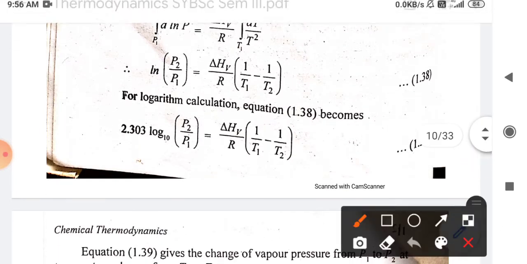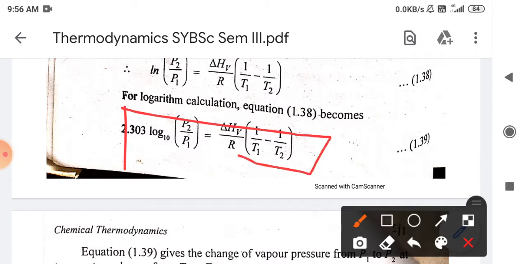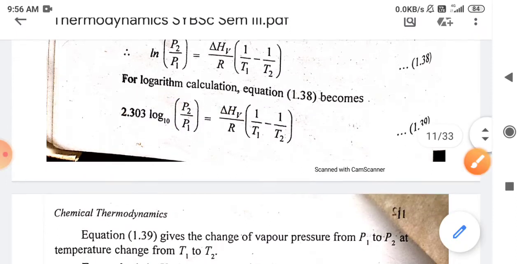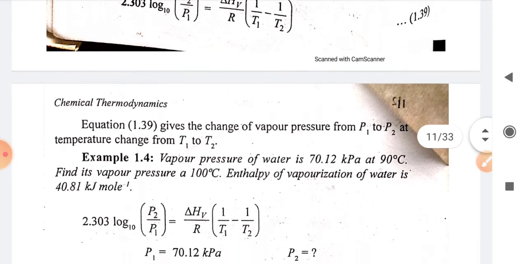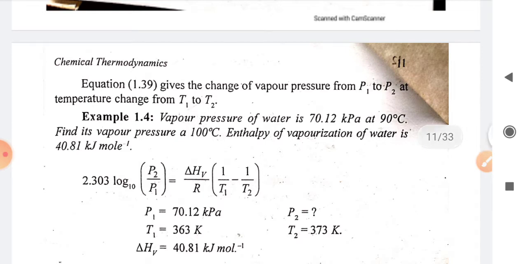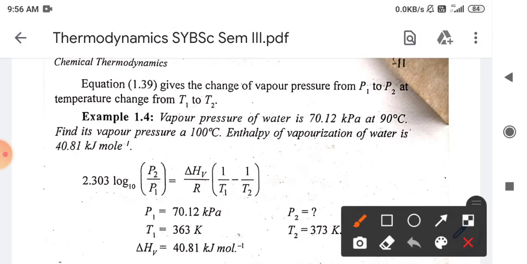So this is again an important expression for the Clapeyron Clausius equation: 2.303 log to the base 10 of P2 by P1 is equal to ΔHv upon R into (1 upon T1 minus 1 upon T2). This equation gives you the change in vapor pressure from P1 to P2 as temperature changes from T1 to T2.